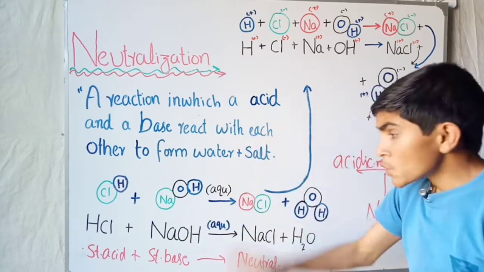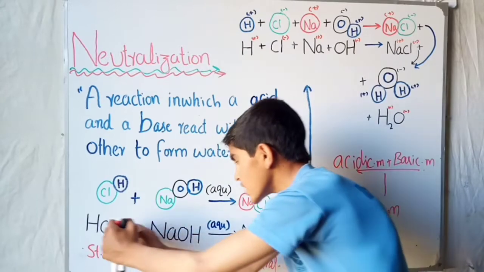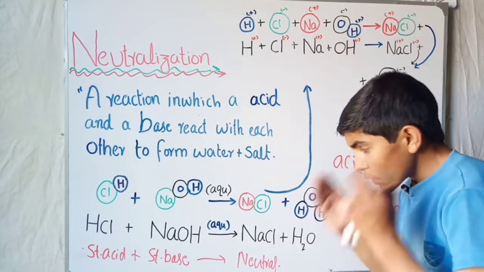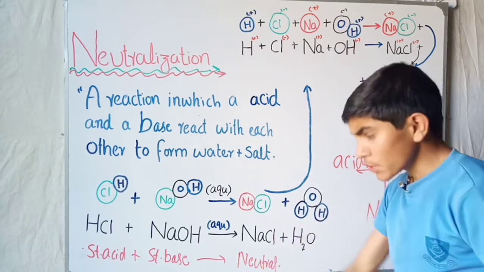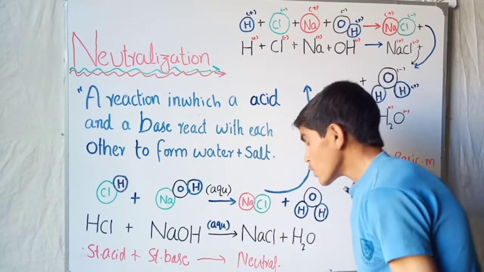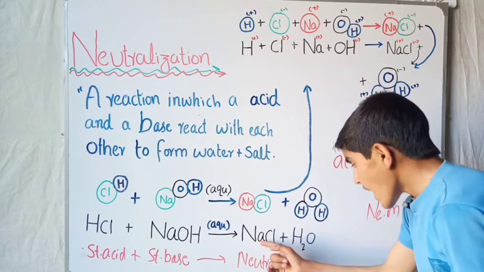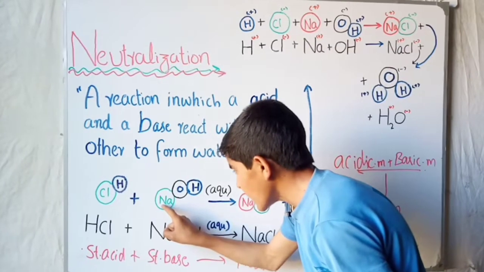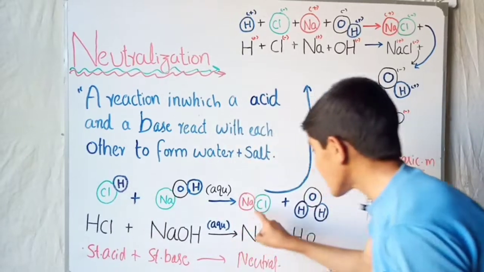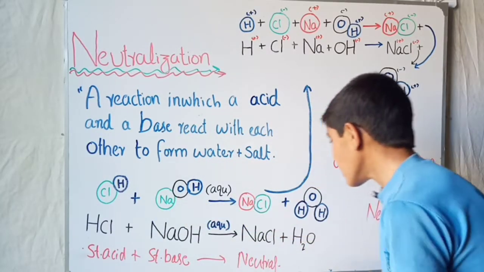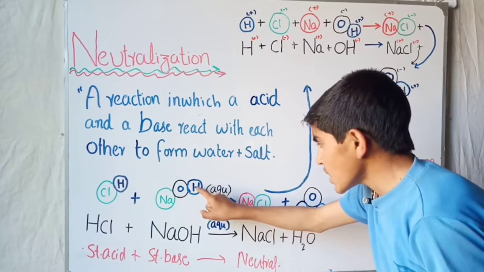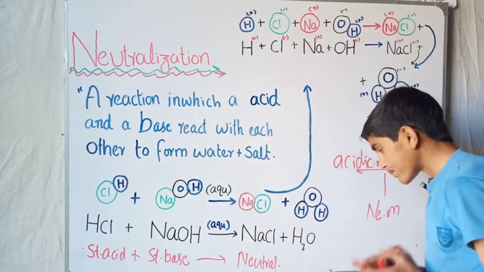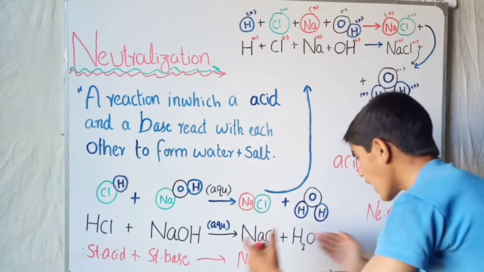Okay, so when this NaOH and HCl undergo the neutralization reaction, they ionize and become positive and negative ions. So the product is NaCl plus H2O. From here, this Na mixes with this Cl and gives us NaCl, and this H and this H make H2 with this O, so it gives us H2O, and both of these are neutral.